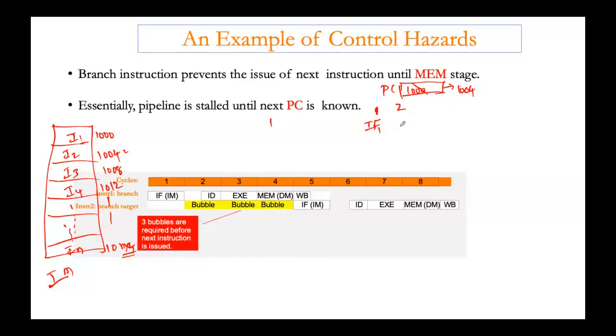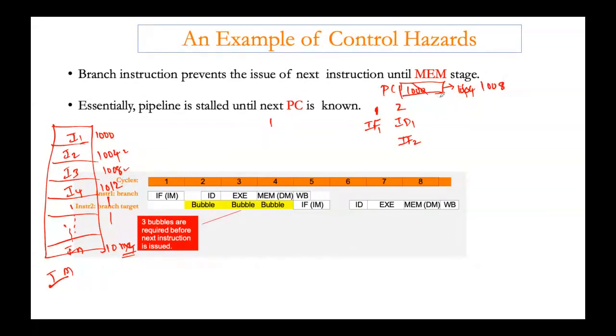At the second cycle, your instruction enters instruction decoding, and at every cycle one instruction will be fetched if it is in the memory. So instruction 2 will be fetched at cycle 2. As soon as instruction 2 is fetched, your program counter is automatically updated to the next address, 1008.